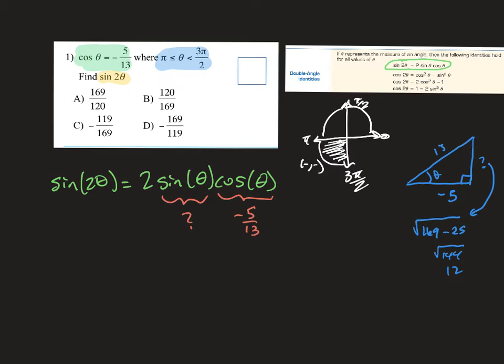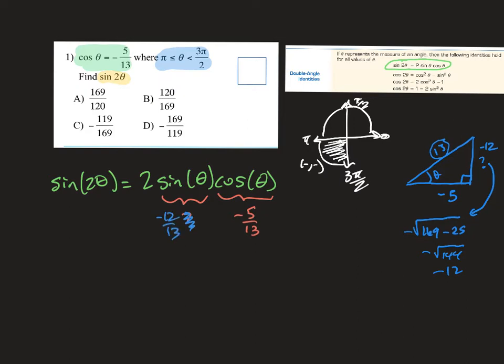Now remember, we are in the third quadrant, so our sine value has to be negative. And since we've already made 13, the denominator, positive, we have to make this opposite side negative 12. So because we're in the third quadrant, we really need the negative of the square root of 144. Once we have that, we now know that the sine of theta is no longer a question mark. It is negative 12 over 13.